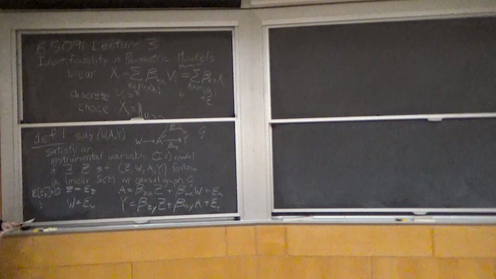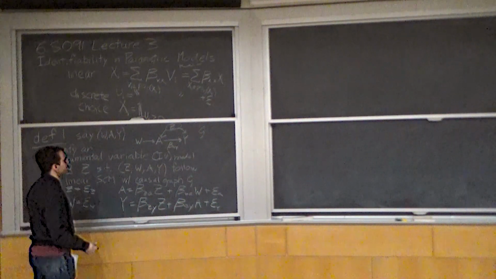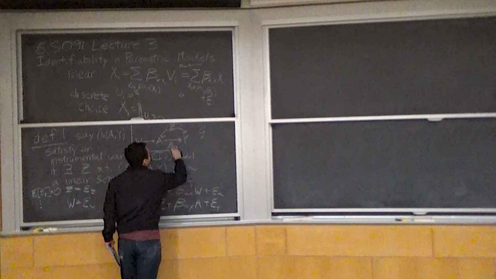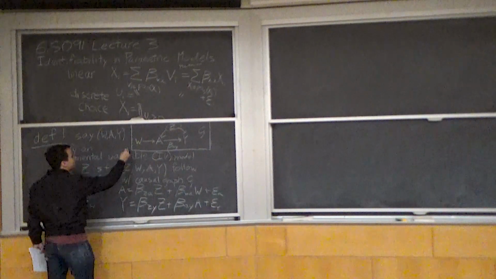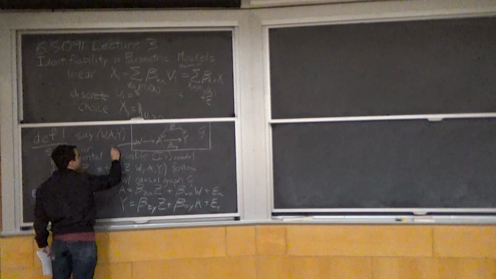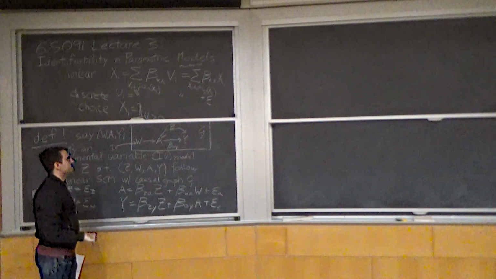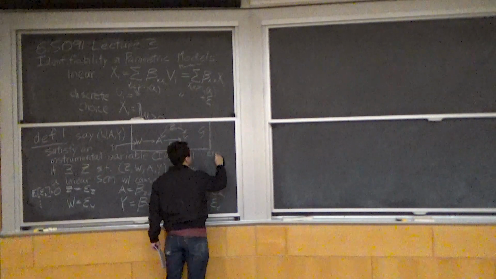Okay, so a couple notes on this. In the instrumental variable model, the actual instrumental variable, what we're calling W, is the instrumental variable. And the important thing here is it satisfies what is called the exclusion restriction.